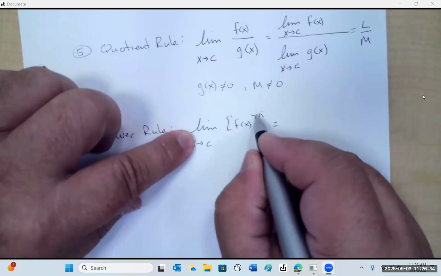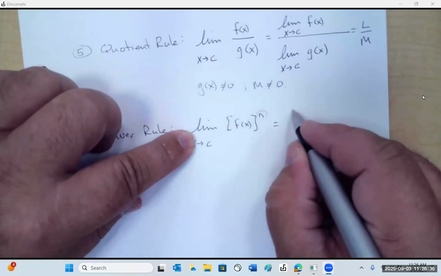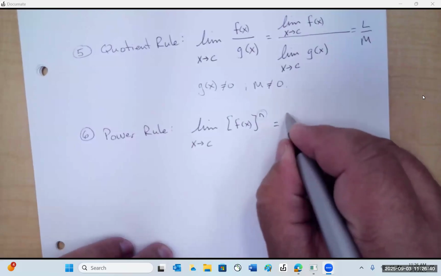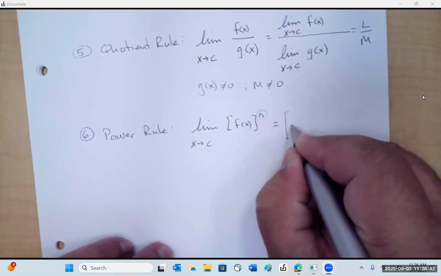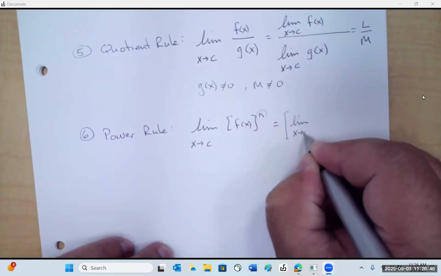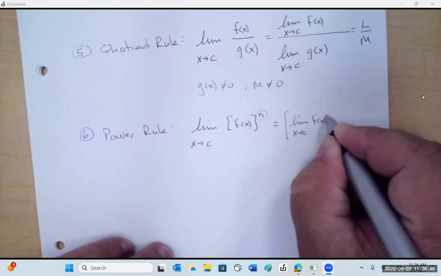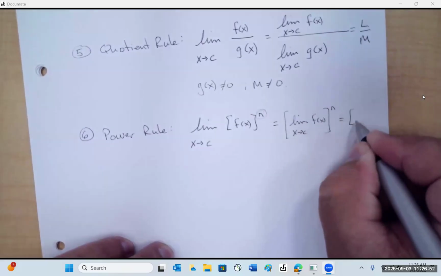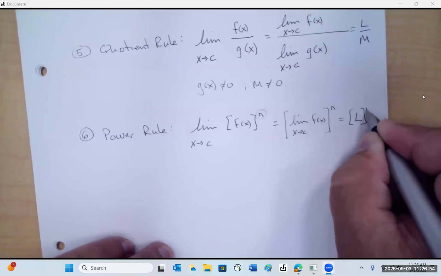This exponent occurs outside the limit itself. So what it really looks like is this, which becomes L to the power n.